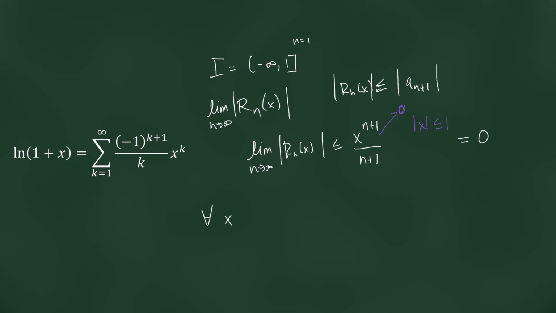That tells us that for all values of x that are in our interval, I don't know why I wrote a negative infinity there. That should have been a -1. They are in our interval from -1 to 1. It is the case that the natural log of 1 plus x is equal to the sum from n equals 1 to infinity of (-1)^(n+1) times x^n over n.